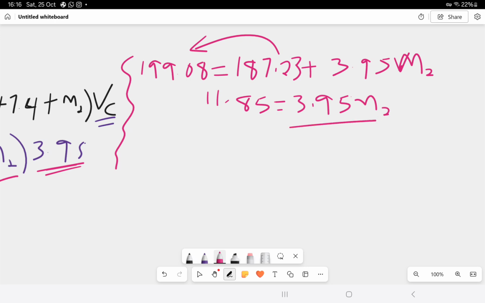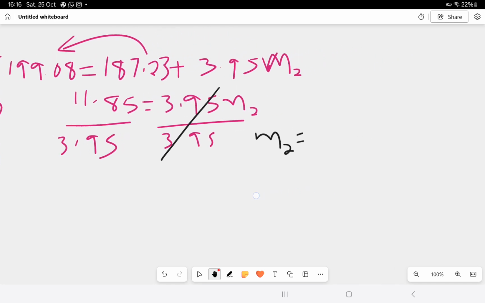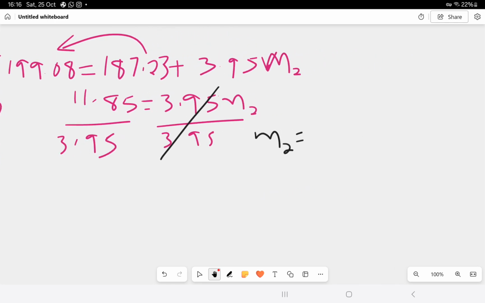Now divide by 3.95 on both sides. Therefore, M2 will be 11.85 divided by 3.95, and you get 3 kilograms. As simple as that. That is part A.